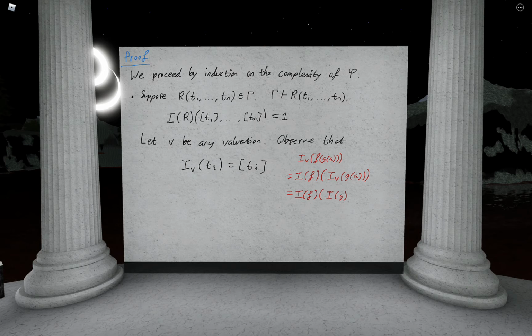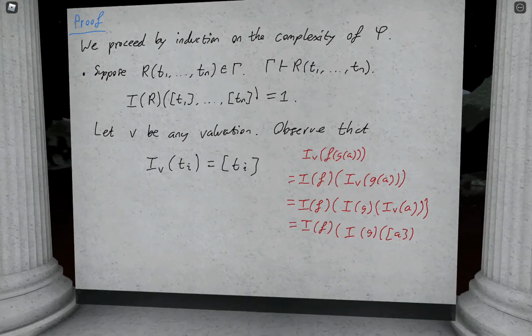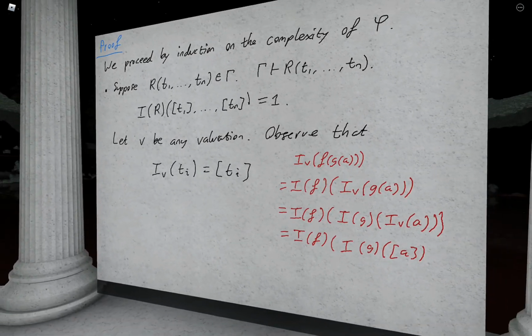So I interpret g as a function and apply it to the object that the argument picks out. I got the right number of brackets there. And you'll notice that the inner I of v of a is just a constant. It is just the equivalence class of a.